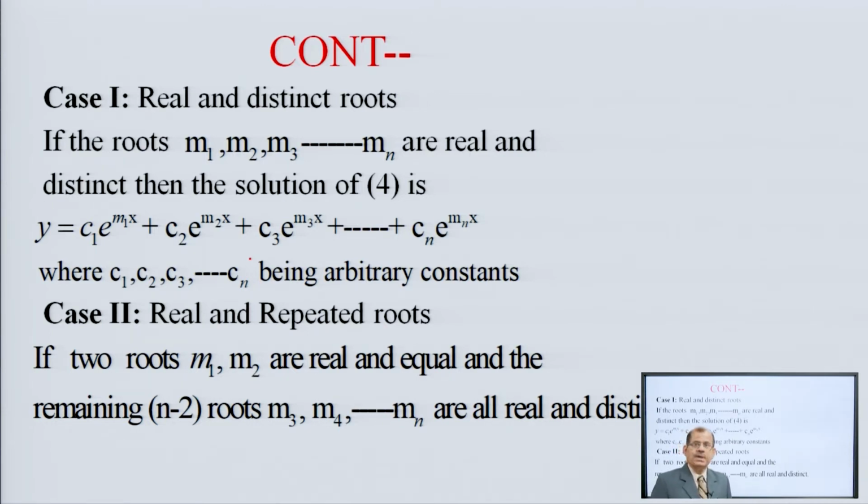If the roots m1, m2, m3 and so on mn are real and distinct, then the solution is C1 e^(m1 x) plus C2 e^(m2 x) plus C3 e^(m3 x) and so on Cn e^(mn x). For nth order, the solution contains n arbitrary constants, where C1, C2 and so on Cn are arbitrary constants.